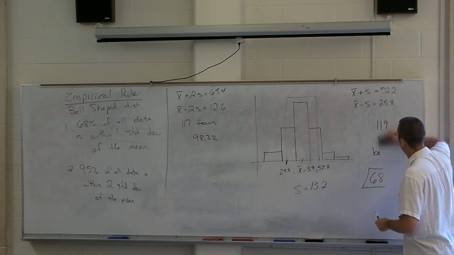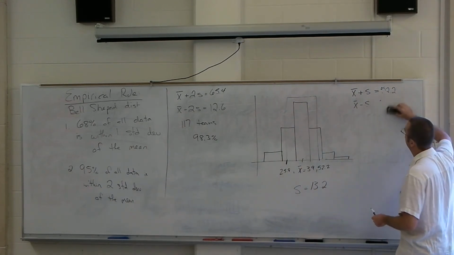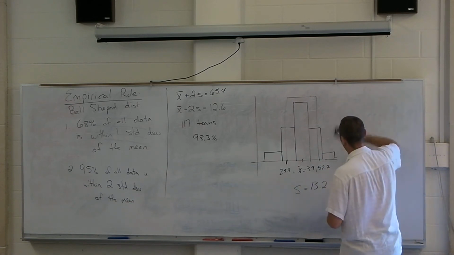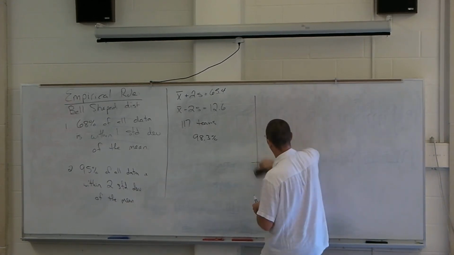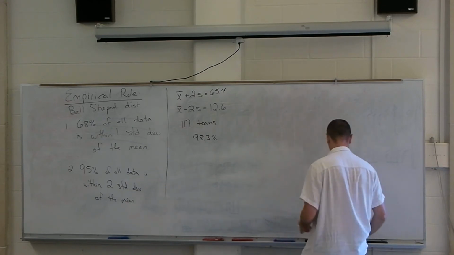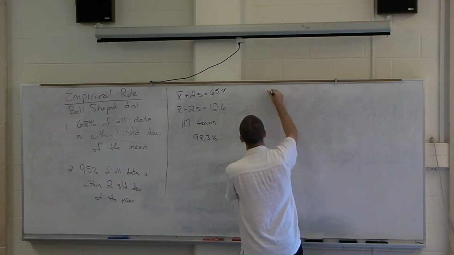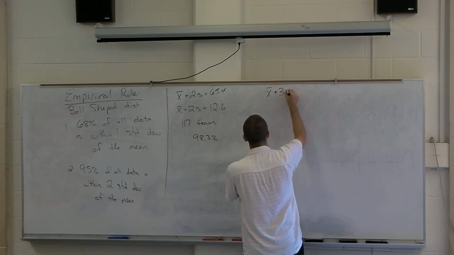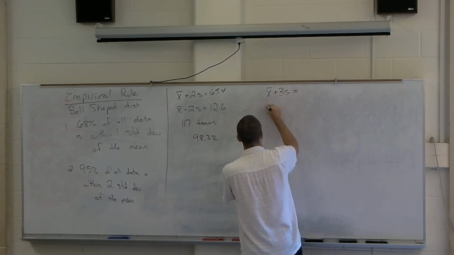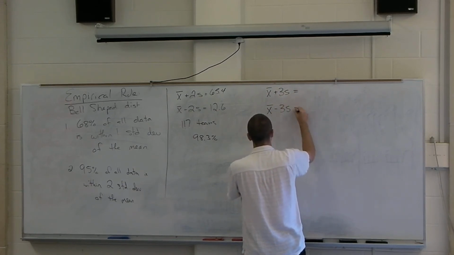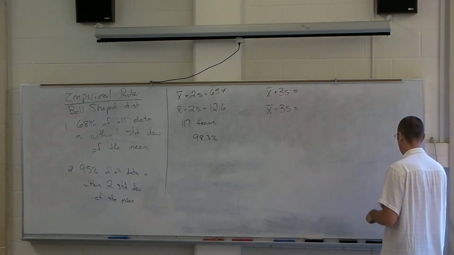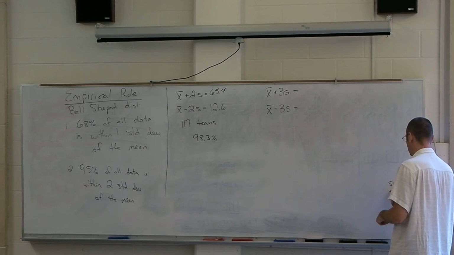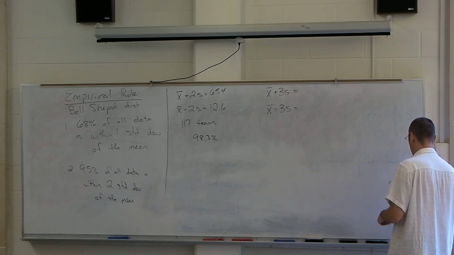There's one final part to the rule. The final part of the rule says go 3 standard deviations out from your mean. What do you expect to happen there? In our case, we go to x bar plus 3s and x bar minus 3s. Our standard deviation is 13.2, and x bar was 58.